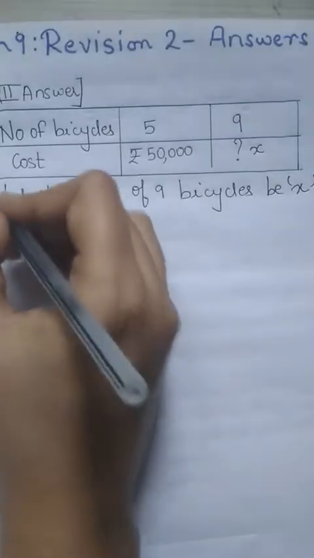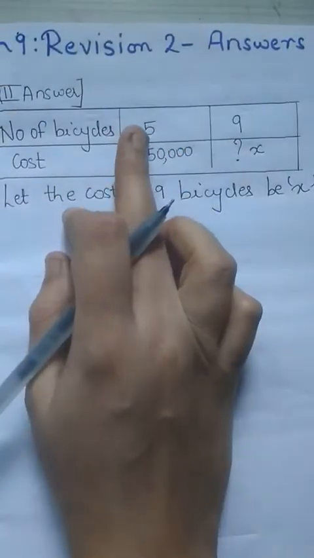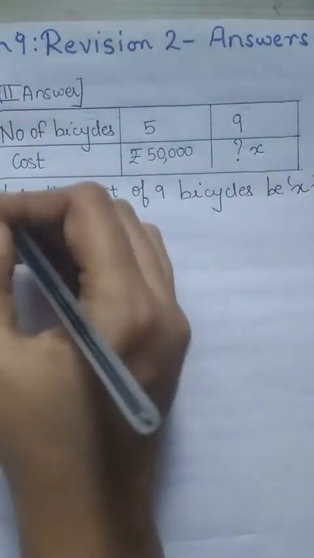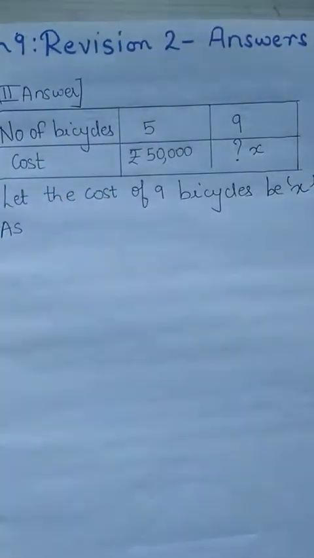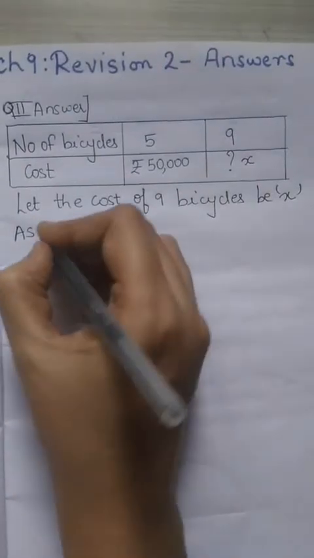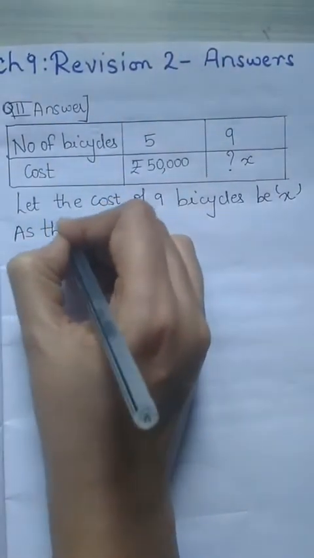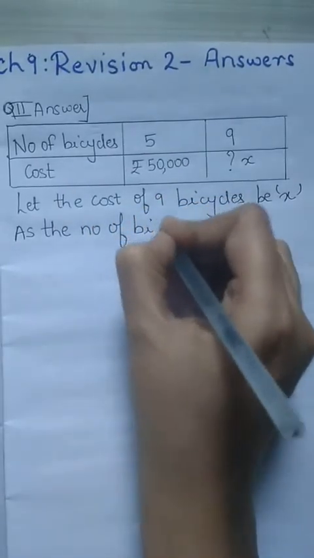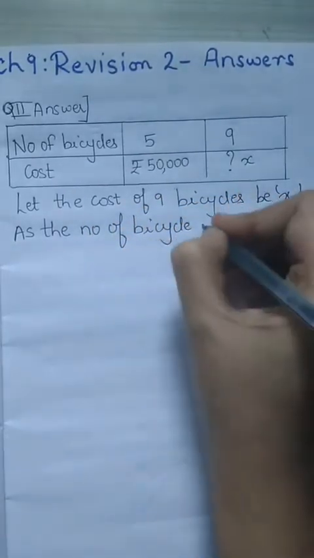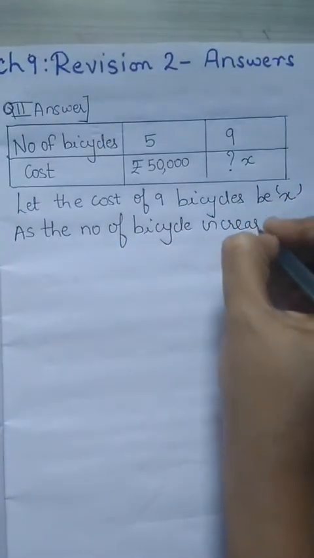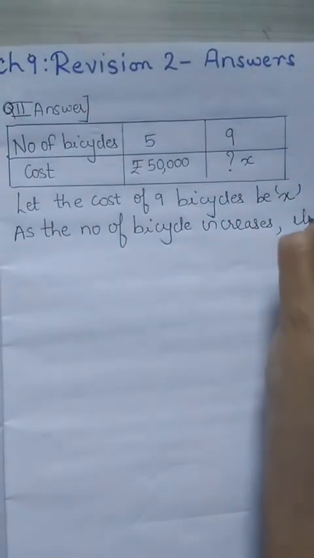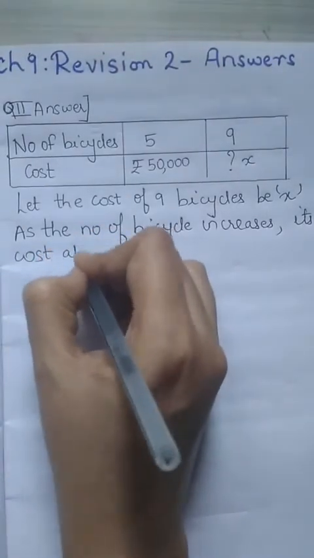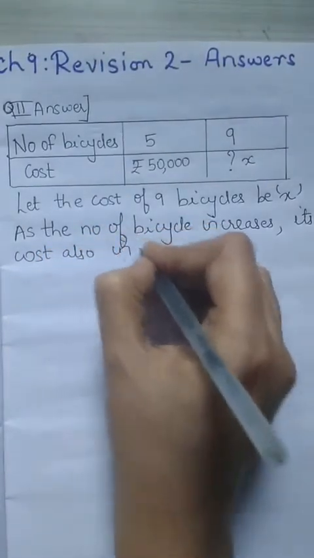Next, if you see, you are taking more bicycles, so definitely you have to pay more amount. Correct? So as the number of bicycles increases, its cost also increases.